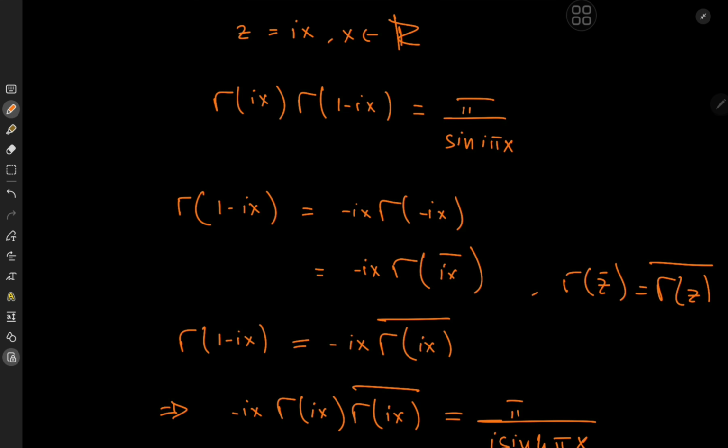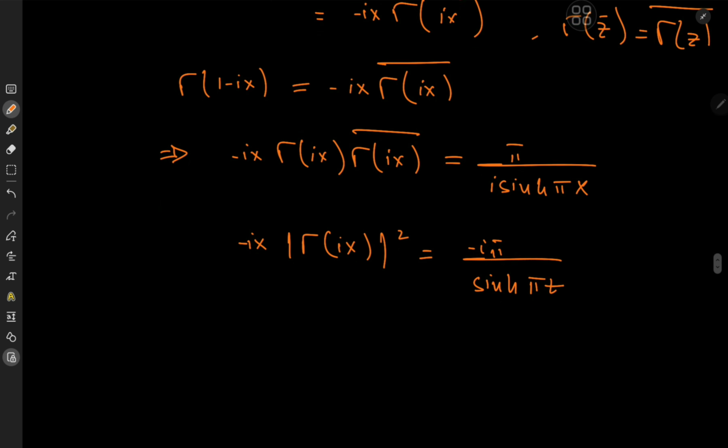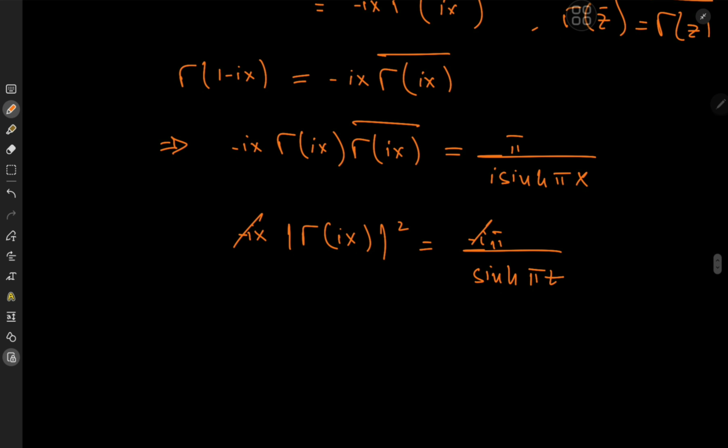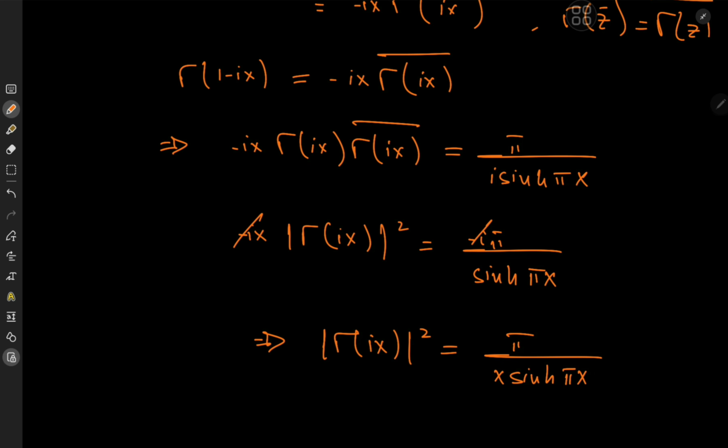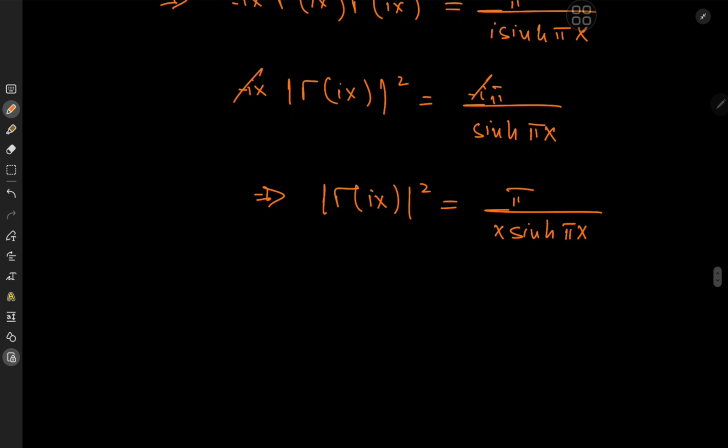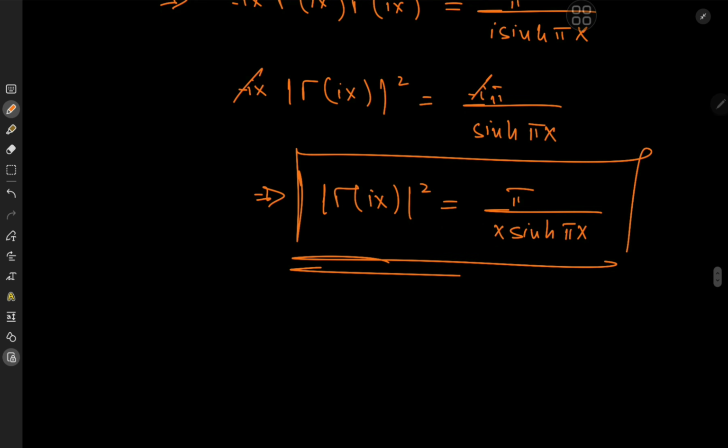And what does all of this finally mean? It means that we can cancel out the negative i terms, and we have the absolute value of gamma ix squared equal to pi over x times sinh of pi x. Again, terribly sorry about that. And this is pretty cool, because it shows that this thing does indeed approach 0 as x, that is the imaginary part, approaches plus or minus infinity.